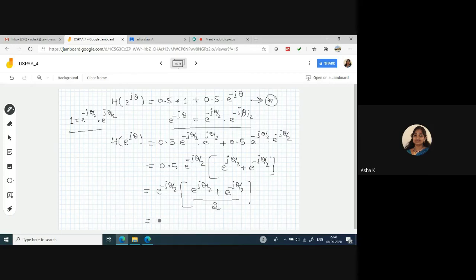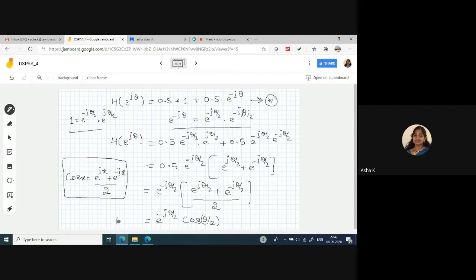Now, e power minus j theta by 2 into cos theta by 2. According to the trigonometric relationship, cos x in terms of exponentials is e power jx plus e power minus jx divided by 2. Using this relationship, we write e power j theta by 2 plus e power minus j theta by 2, divided by 2, as cos theta by 2.